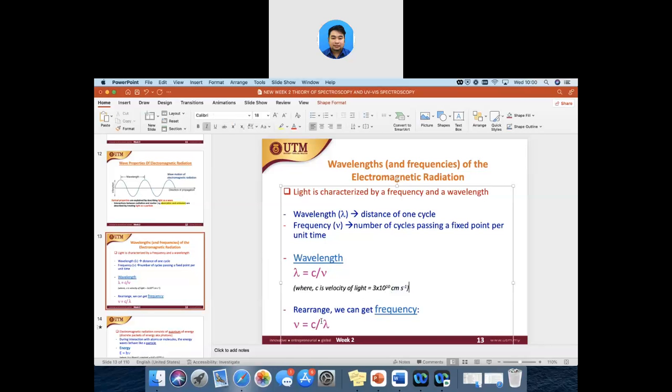If we rearrange, we find that the frequency is equal to the speed of light divided by wavelength. So this is one type of formula to explain the wavelength and the frequency.